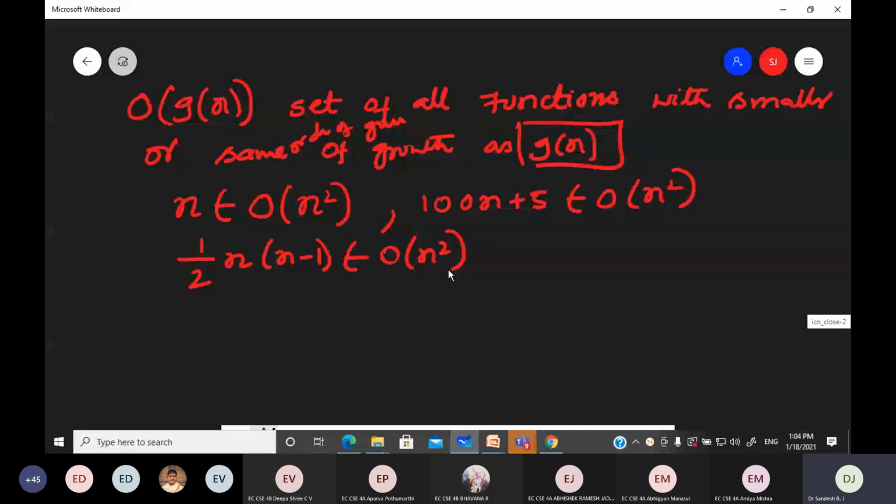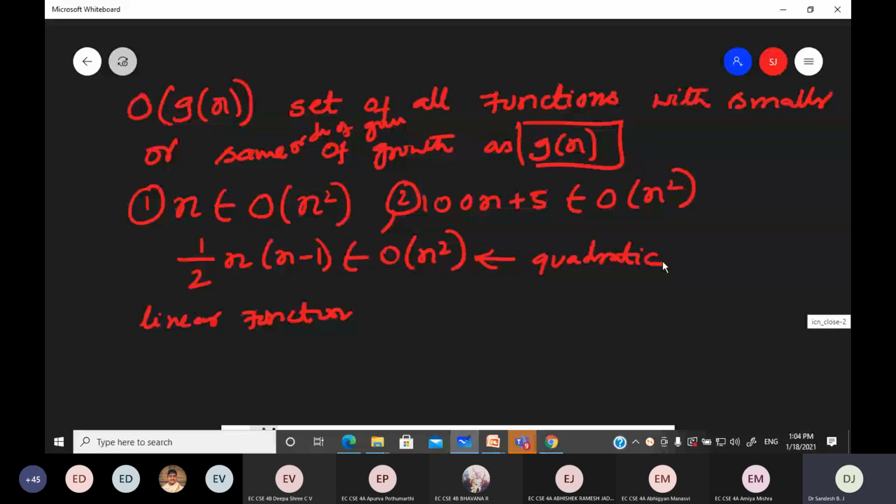The first two functions, n and 100n plus 5, are linear functions. This one is a quadratic function.